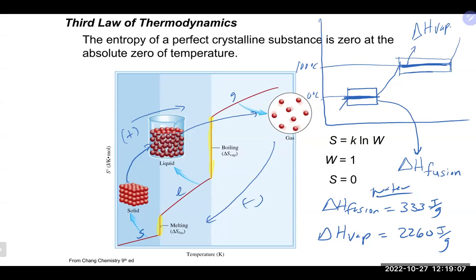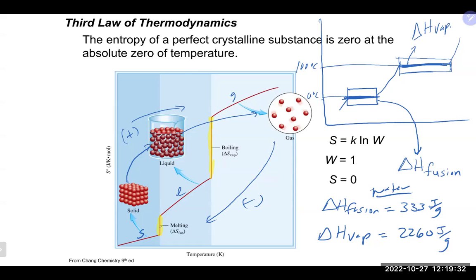And as you can see from those numbers, it takes more energy to do what transition? Yeah, to go from liquid to gas, right? Because you're going from liquid where the molecules are still kind of together to gas where everybody's broken apart. So it takes a lot more energy to do that, as opposed to going from solid to liquid where they're still sort of together and haven't completely broken apart. So entropy works the same way.